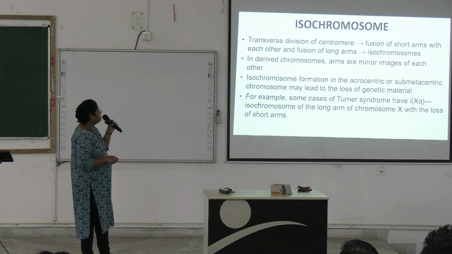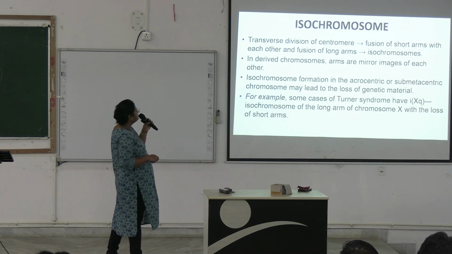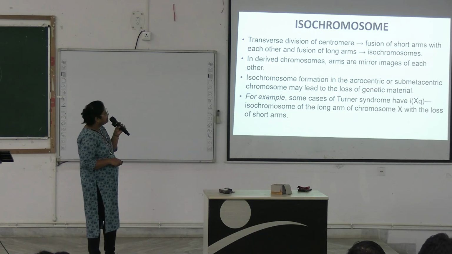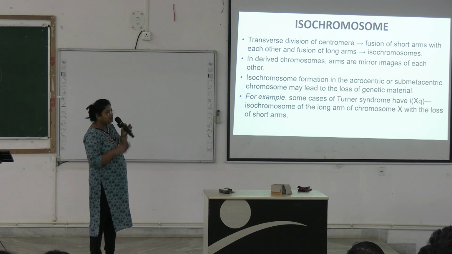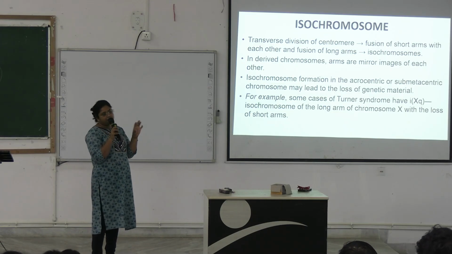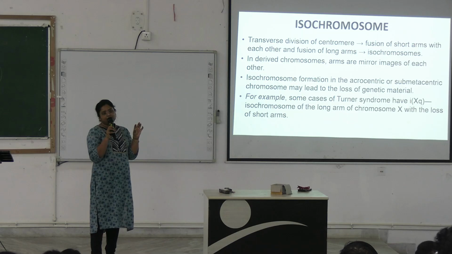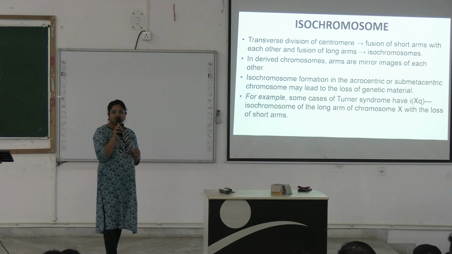Isochromosome formation in an acrocentric or submetacentric chromosome may lead to loss of genetic material. In both cases, the short arms are very small. So if both the short arms join together, it will form a very small chromosome, and there is a high chance of losing that genetic material.